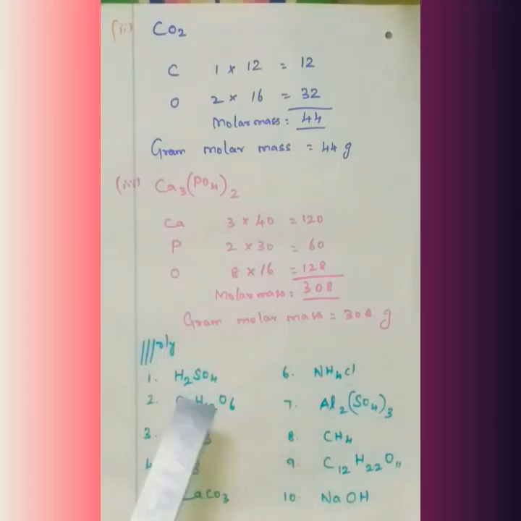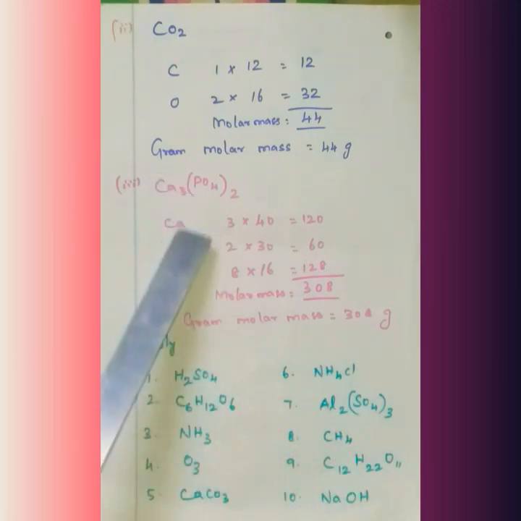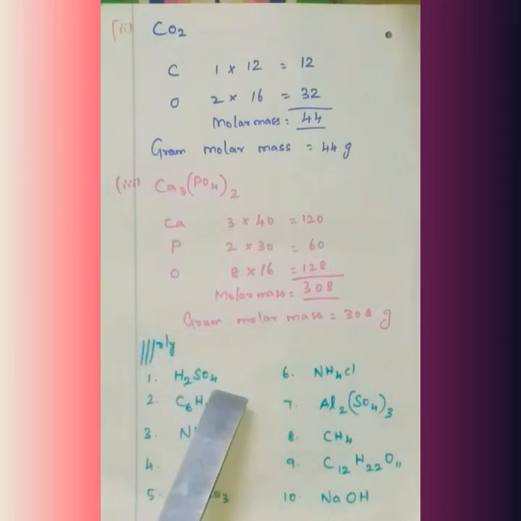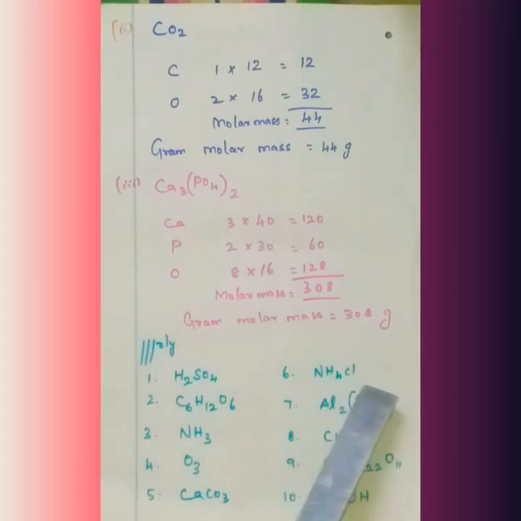You have to do all these 10 problems based on this type: H2SO4, sulfuric acid; glucose, C6H12O6; ammonia, NH3; ozone, O3; calcium carbonate, CaCO3; ammonium chloride, NH4Cl; aluminium sulfate, Al2(SO4)3; methane, CH4; sucrose, C12H22O11; and sodium hydroxide, NaOH.